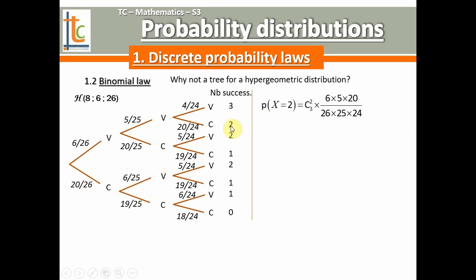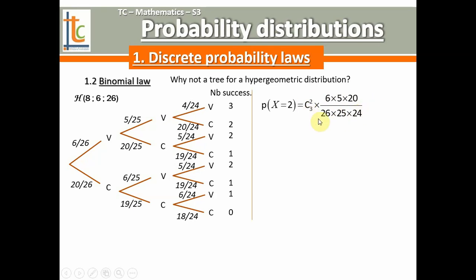In fact, the probability of X equals 2 is 3 times, because there are 3 paths on the tree that lead to 2 successes. So again, our combination number C(3,2), like in a binomial distribution, multiplied by 6 times 5 times 20 on top, and at the bottom 26, 25, 24.